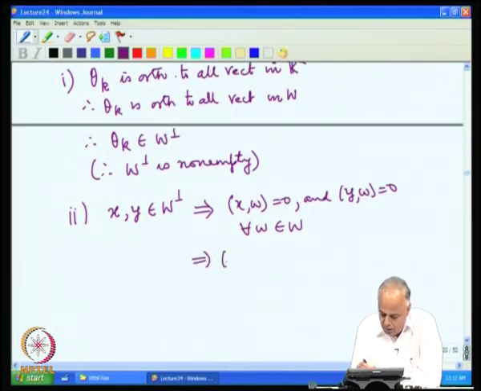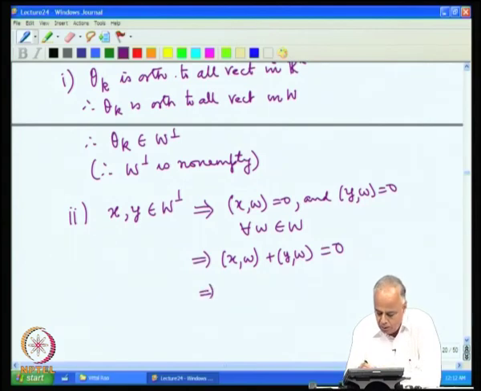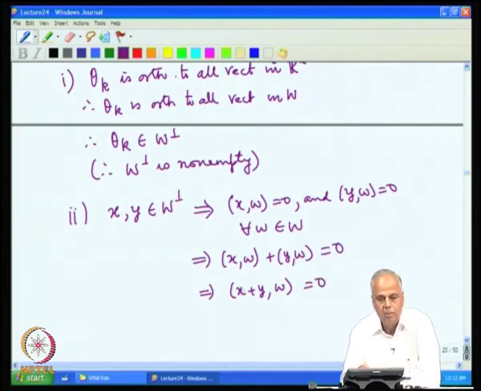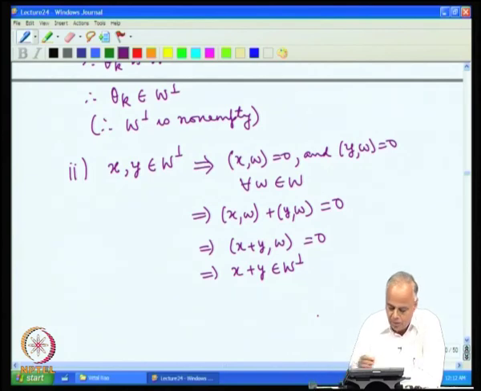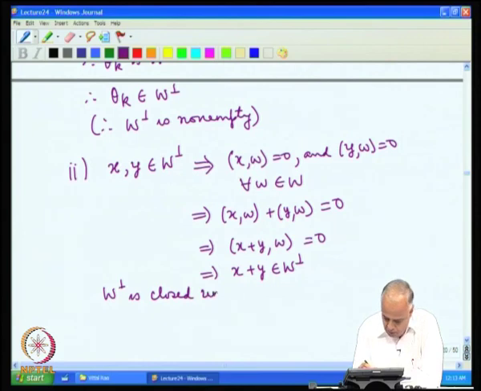Now, if I add two zeros, I get 0. So, <x,w> plus <y,w> is equal to 0, but the inner product is distributive. So, this is the same as <x+y,w>, which is <x,w> plus <y,w>, and that is 0. This means x plus y is orthogonal to W, and therefore, x plus y belongs to W perp. Thus, W perp is closed under addition.